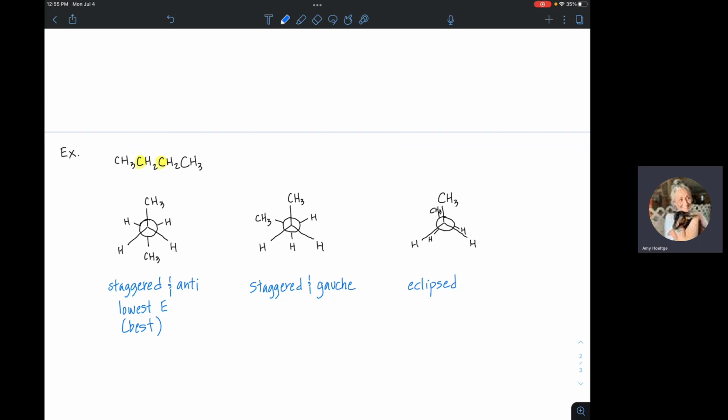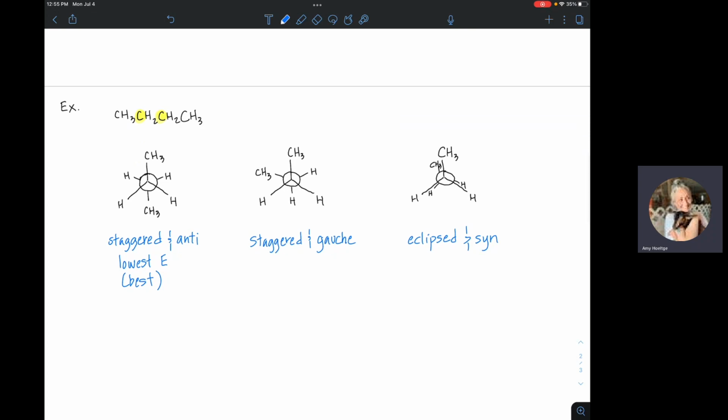And what we call syn. So 0 degrees. This is the worst possible scenario. This has the highest energy. Rotating around that carbon-carbon single bond puts that molecule at the highest potential energy, which is undesirable.